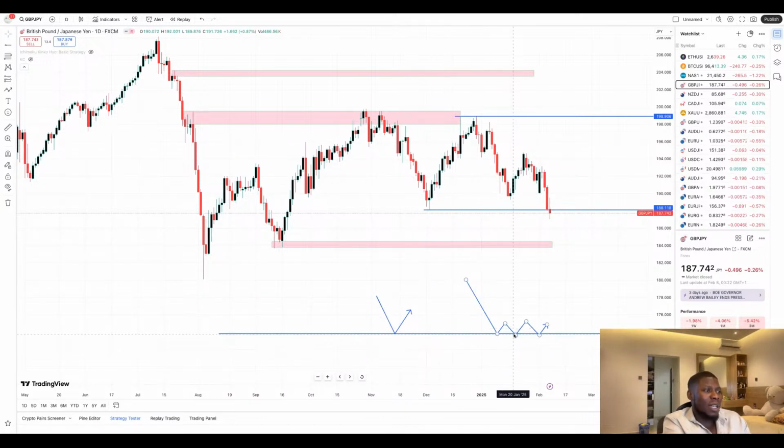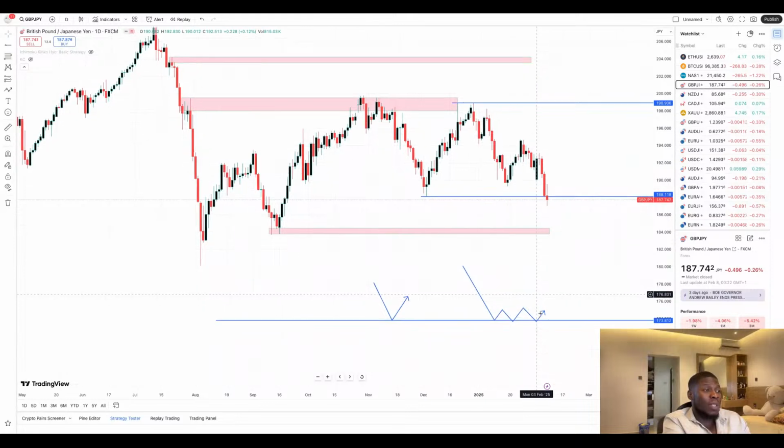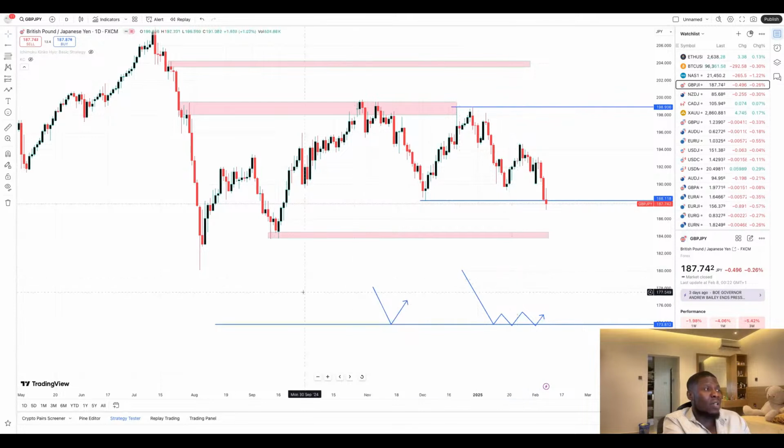An area that is your support should not have so much consolidation. If you're seeing this, it's better to exit than wait for more confirmation. I'm not saying it might not bounce, but seeing this at a support or resistance is not a good sign.